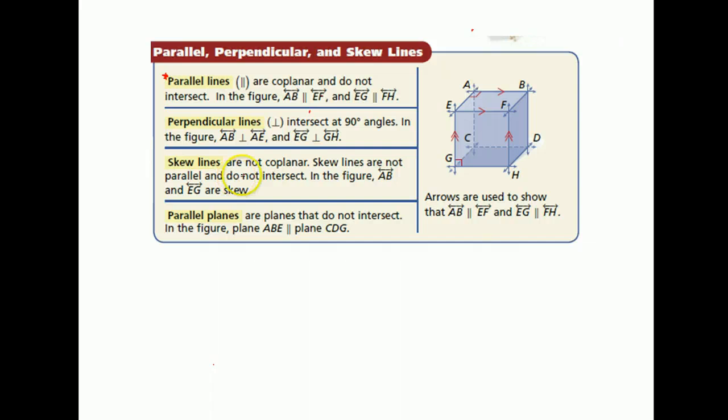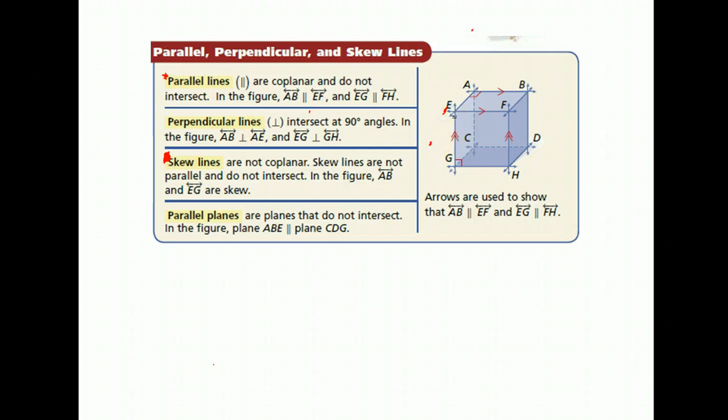Okay, next we have what we call skew lines. Now, skew lines are lines that are not coplanar and are not parallel, and do not intersect. So parallel lines, the reason they don't intersect is because they're going in exactly the same direction. Skew lines are different. They don't intersect because they're not on the same plane and wouldn't ever have a chance to intersect.